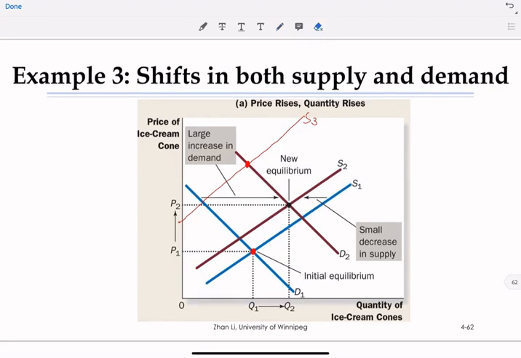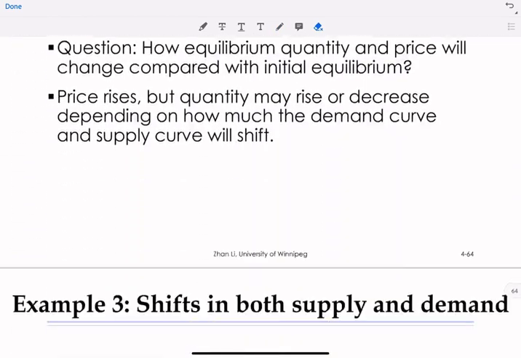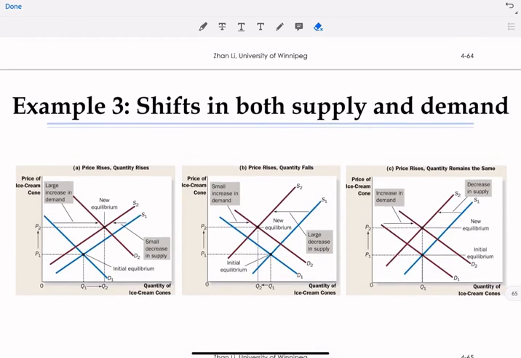So let me first use the lecture note to talk about all three cases. This is the case we just talked about. That is, there is a small change in the supply curve and a large change in the demand curve. So the result is price rises and quantity rises.